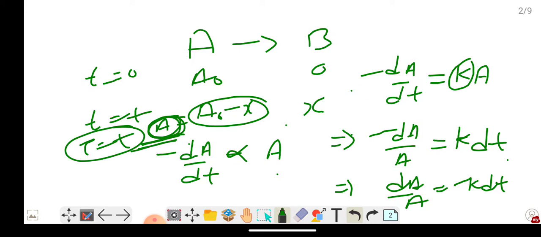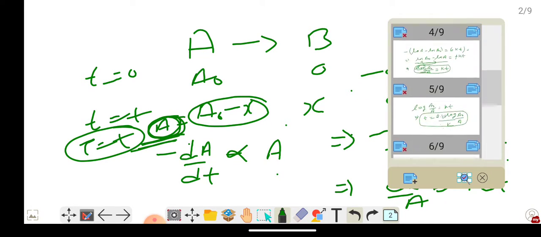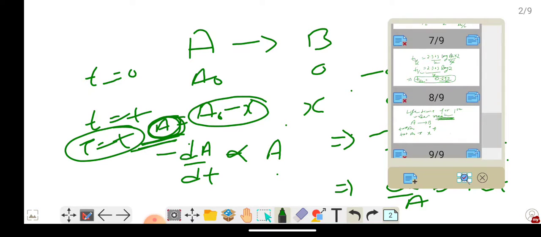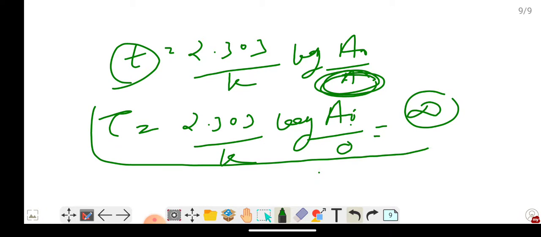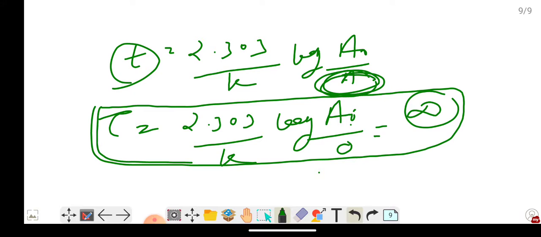At t is equal to tau, reactant finished, all the reactant converted into product. So reactant concentration A is equal to 0, so this is equal to log 1 by 0 means log infinity, and it is equal to infinity. So lifetime for first order reaction is infinity.